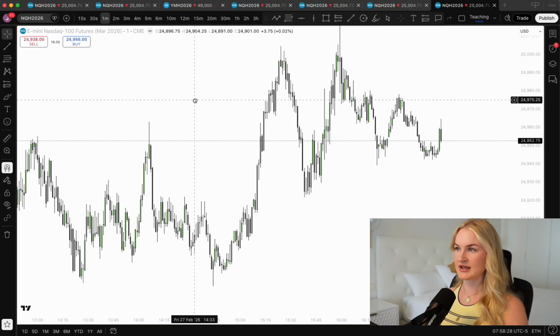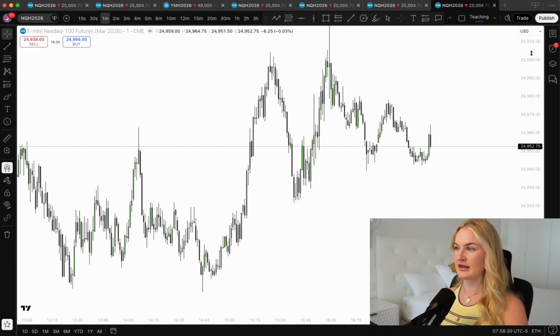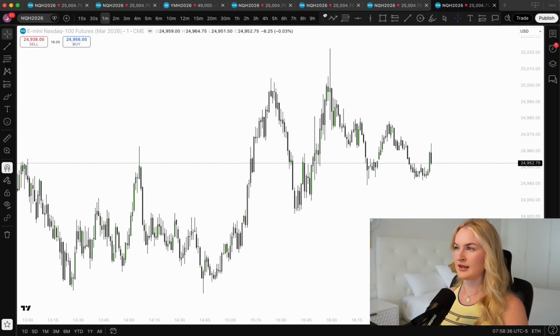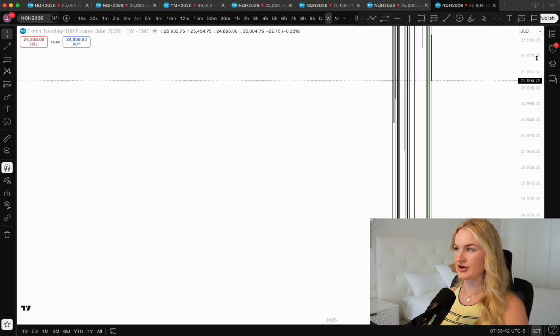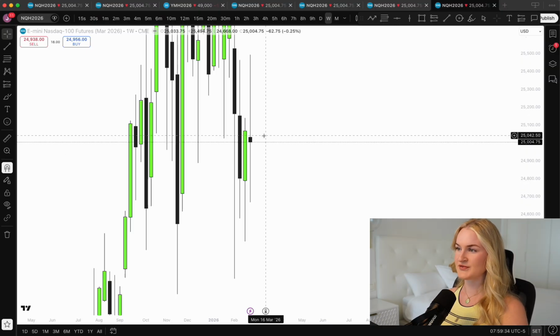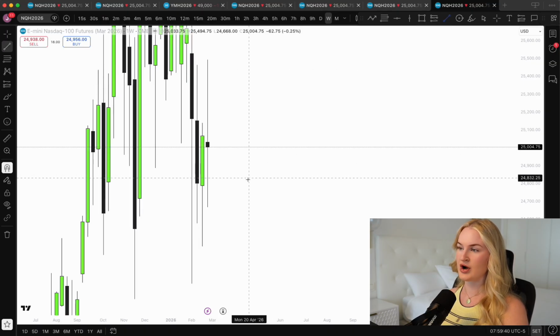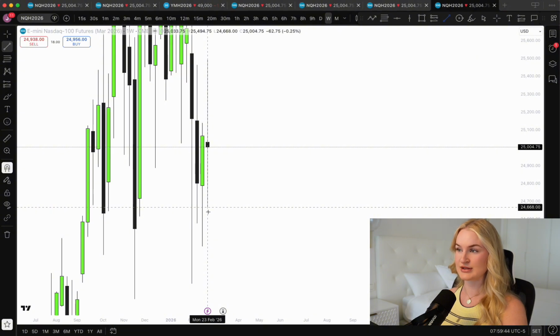So first thing, we talk about a very broad and simple key level that I think most people still miss. So for that, we're going on the weekly chart. So in this instance, for example, when we open up next Monday, I would first of all draw out last week's high and last week's low.